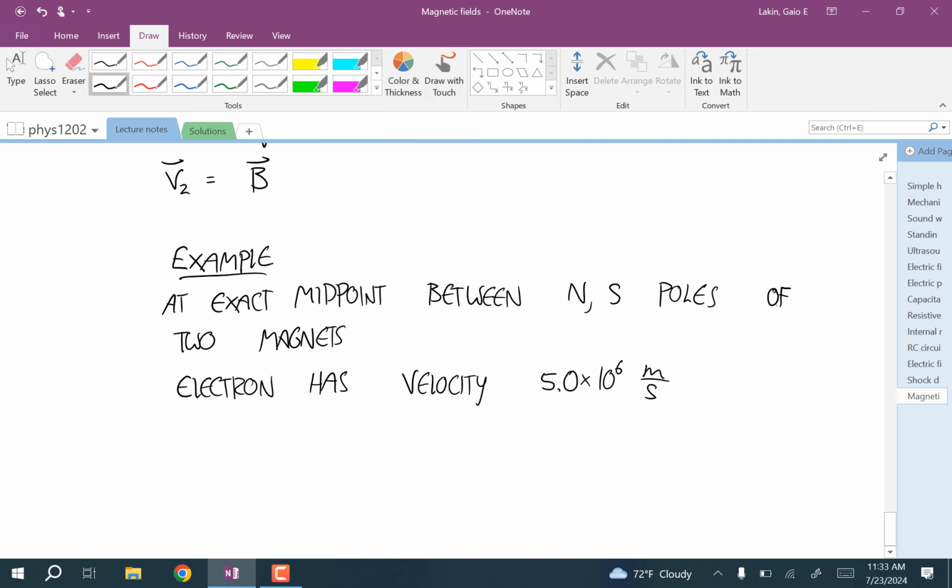So very fast. And all the directions are going to be shown in the figure that I draw.